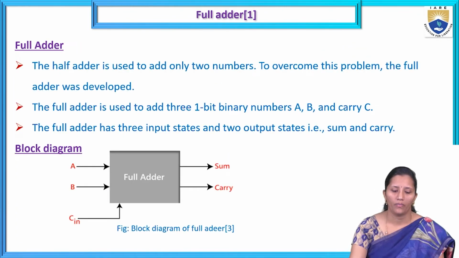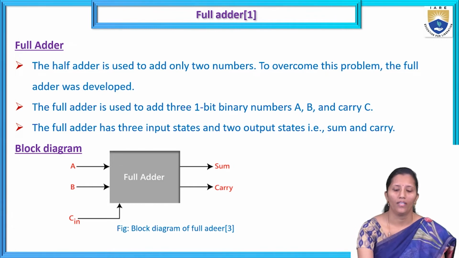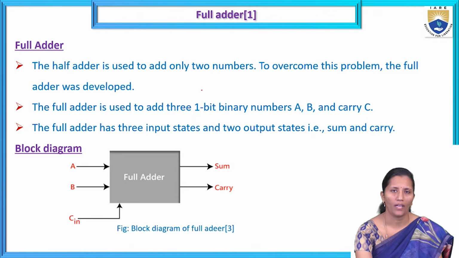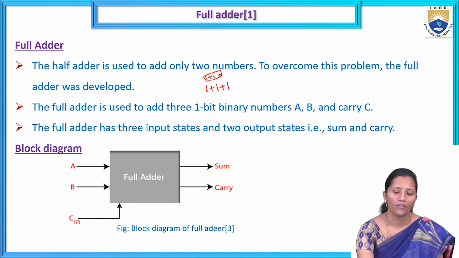Next, the full adder. The half adder is used to add only 2 numbers, where each number represents a 1 bit binary number. But if you want to add 3 numbers, each number representing a 1 bit binary number, then we will go for the full adder. For example, 1 plus 1 plus 1. For 1 plus 1, directly we can use the half adder.